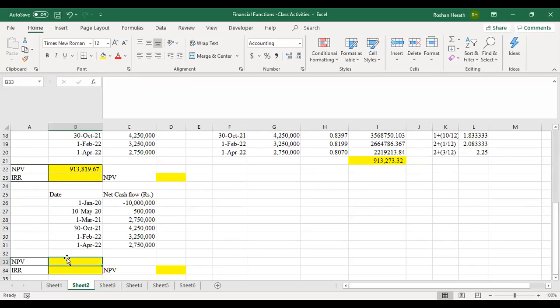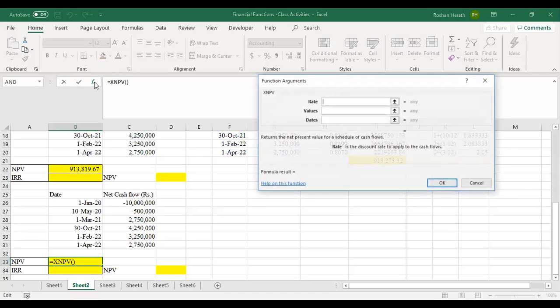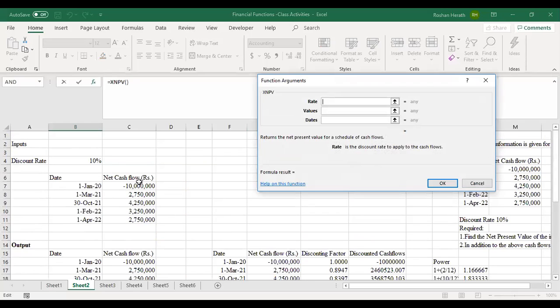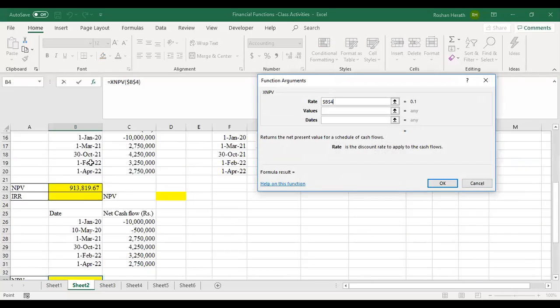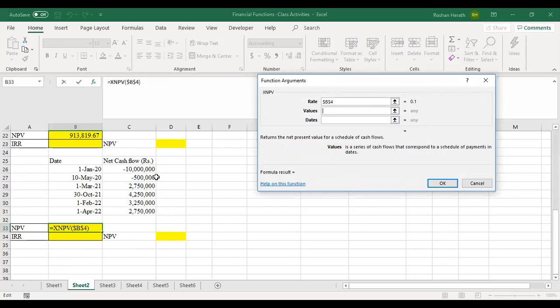Then you have to take the XNPV, that's a requirement, because the cash flows are irregular. The rate has to be taken, the values should be there, and most importantly, the corresponding dates.